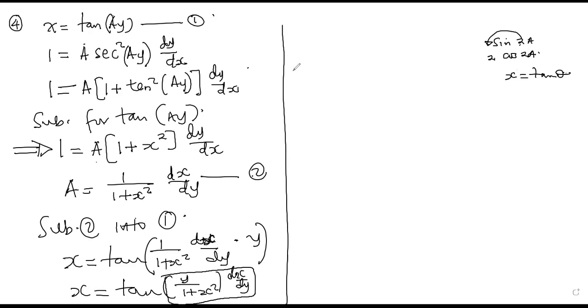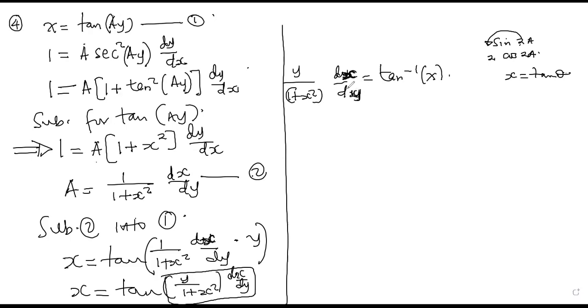So my theta, which is y over 1 plus x squared, dx dy is equal to tan inverse of x, implying that, actually it is dx dy, implying that dy dx.